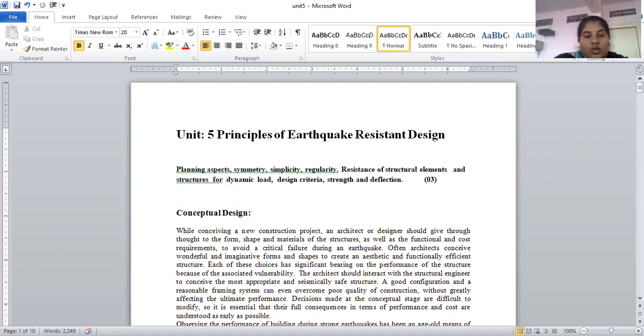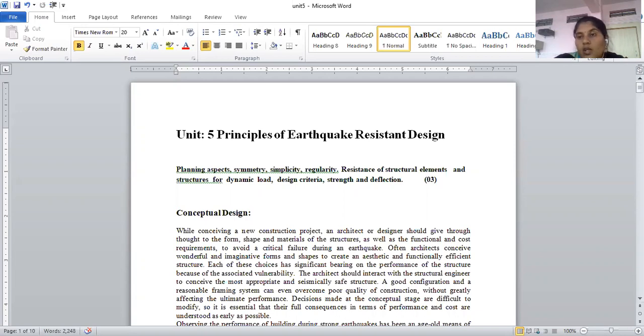You can see the first shape shown here is the rectangular shape, but it is elongated, so it is not recommended for earthquake resistant structures, because of differential behavior at opposite ends of the long building.